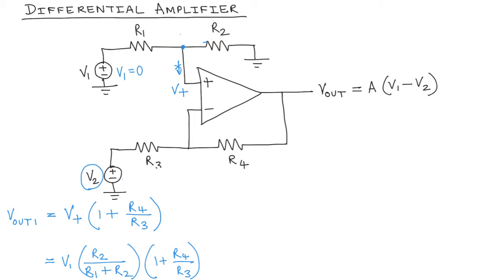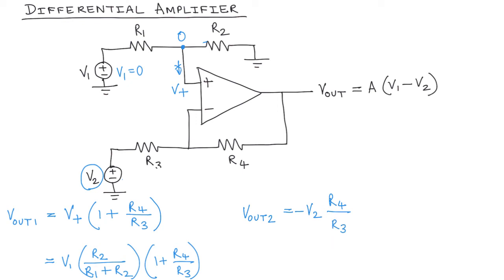So this voltage is 0, as if it is grounded. Then the remaining amplifier, with V2, is basically an inverting amplifier with resistors R4 and R3. So V out 2 equals minus V2 times R4 over R3.